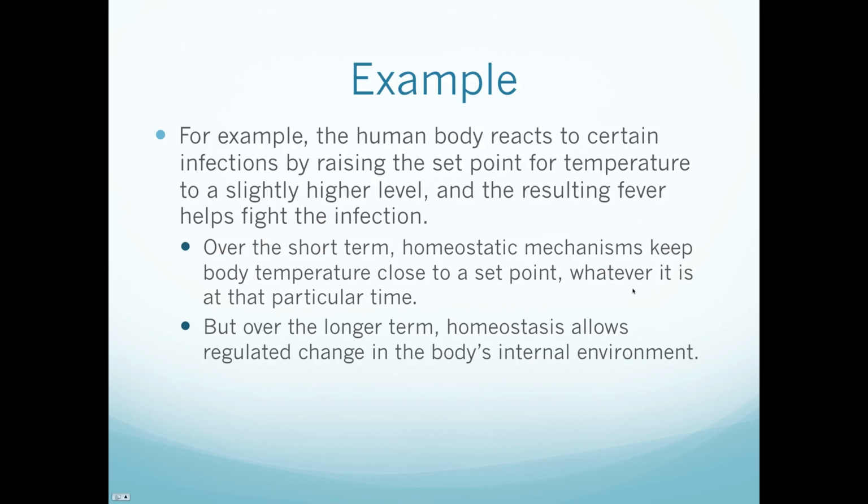Okay, so here's an example using body temperature. Over the short term, we've got homeostatic mechanisms that keep the body temperature close to your set point. My body temperature is a little bit low. It's in the 97 range. For some people it's right on 98.6, but whatever it is, your body is trying to keep it at that level.